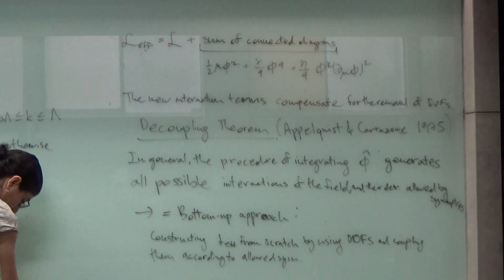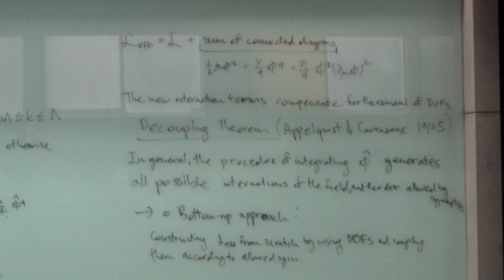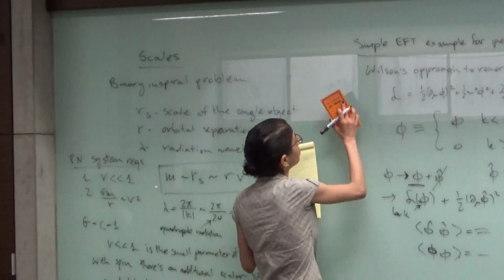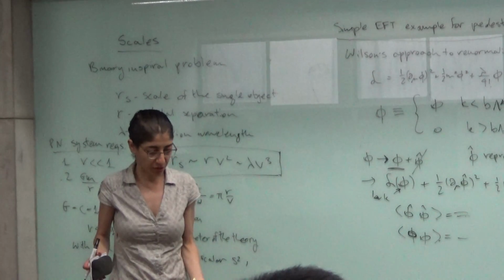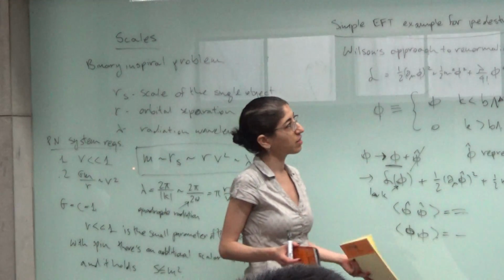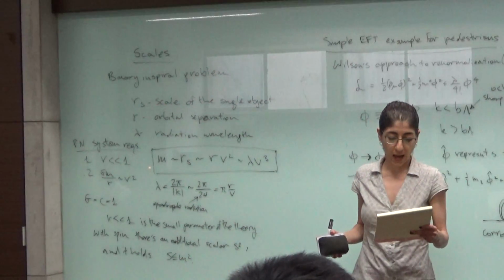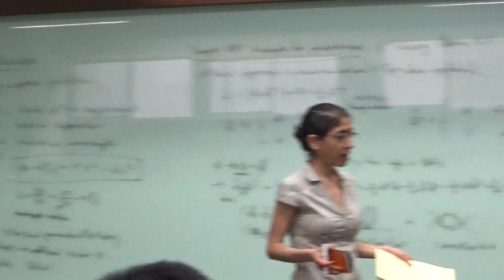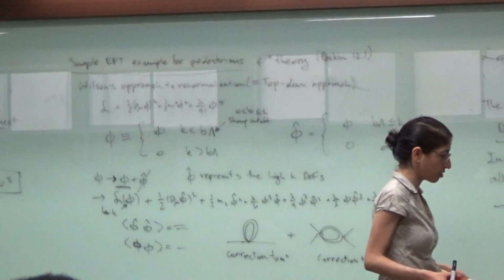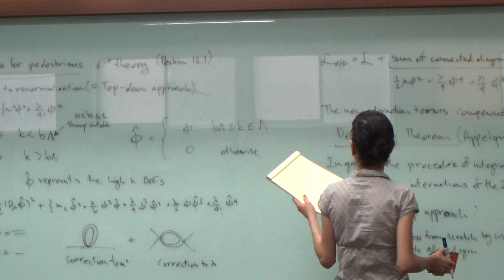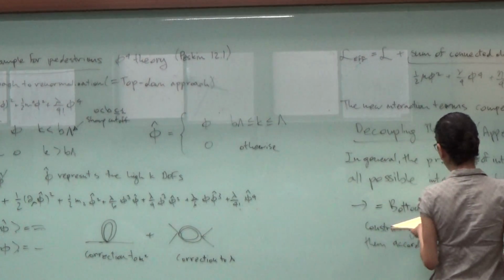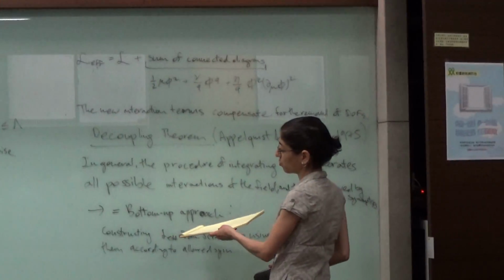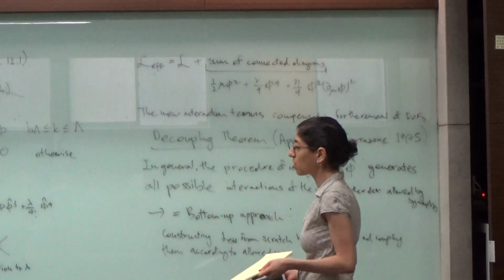And now this will be again a bit of a repetition of what I was talking about yesterday. Today's lecture is dedicated to constructing the tower of the EFTs. As I explained yesterday, we are going through two stages. In the first stage, we will be using the bottom-up approach.